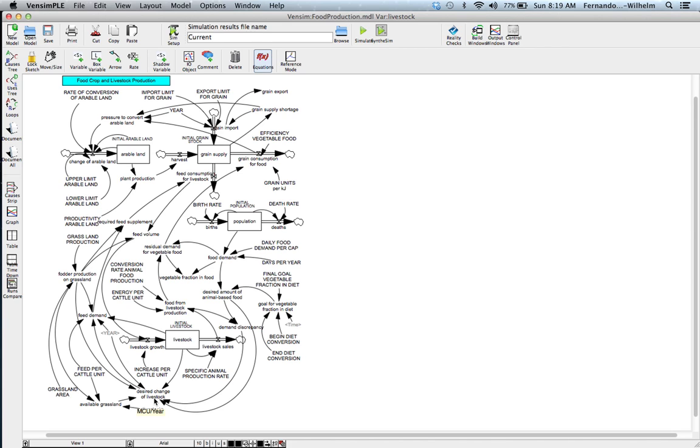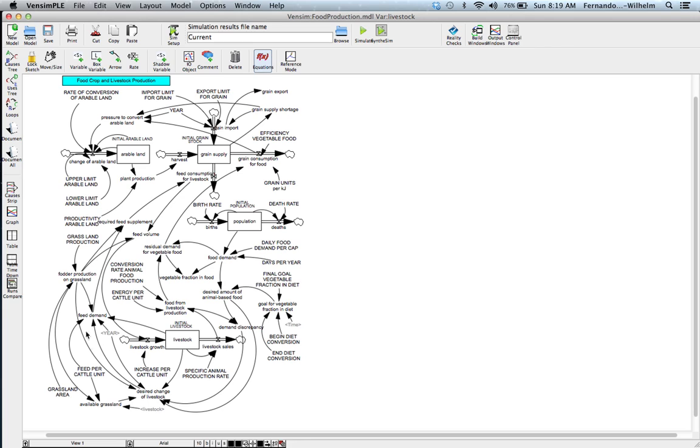change. Okay, so like we said before, the idea of this model is to explore a lesser consumption of livestock. Okay, so this desired change of livestock is what produces that change, and as we'll see in a second, this change is going to be negative, because the diet is being driven for less consumption of livestock.